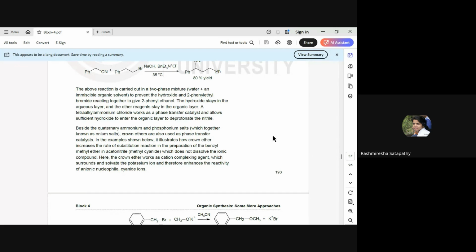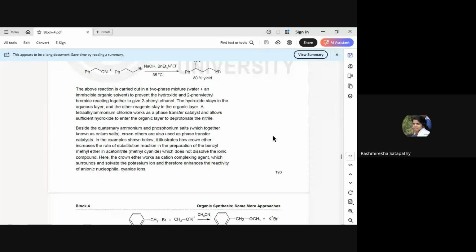To prevent the hydroxide and 2-phenylethyl bromide reacting together to give 2-phenylethanol, hydroxide stays in the aqueous layer and the other reagents stay in the organic layer. The tetraalkyl ammonium chloride works as a phase transfer catalyst and allows sufficient hydroxide to enter the organic layer to deprotonate the nitrile.